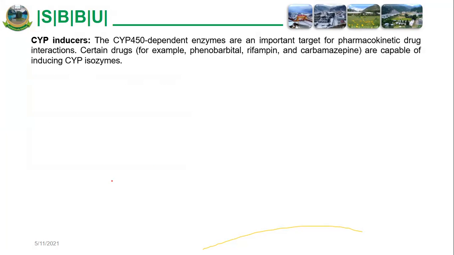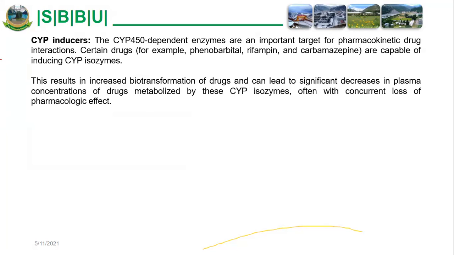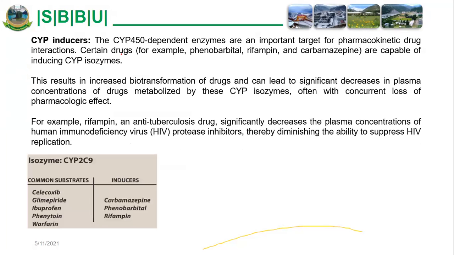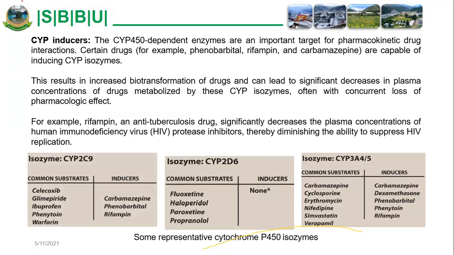Now there are certain cytochrome P450 inducers. Sometimes it happens, right? Let me explain these points. Cytochrome P450 dependent enzymes are an important target for pharmacokinetic interactions. For example, phenobarbital, rifampin, and carbamazepine are capable of inducing cytochrome P450 isoenzymes.